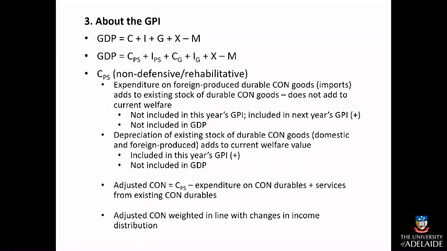So basically what happens is that this particular item here, we can call adjusted consumption. So that's private sector consumption. We subtract expenditure on consumer durables, because that's just adding to the stock of consumer durables, and we add the services from the existing consumer durables. And one of the reasons for that, I talked about the fact that expenditure on consumer goods and consumption are two different things.